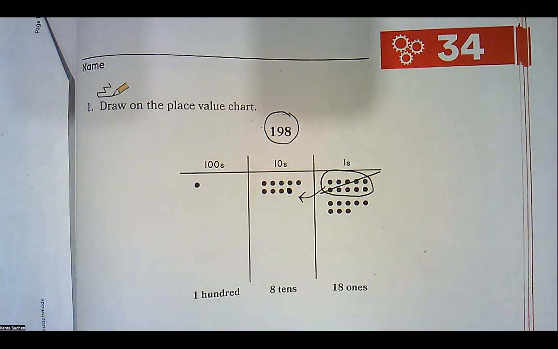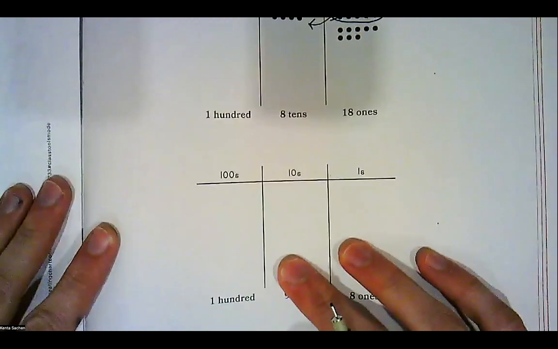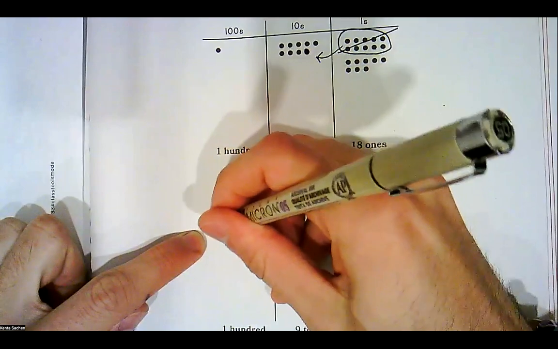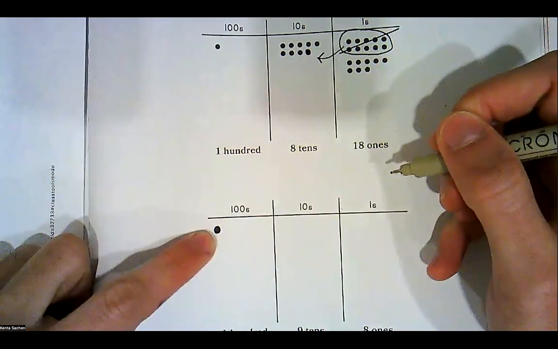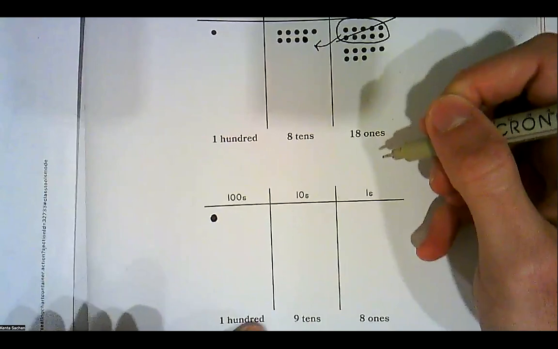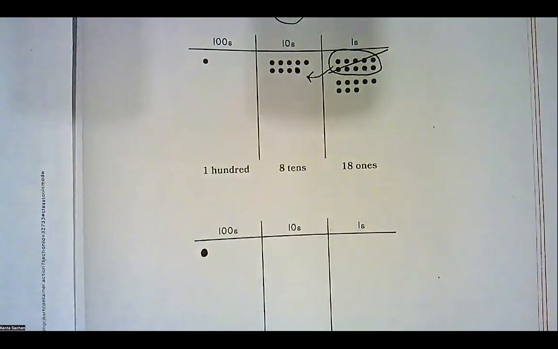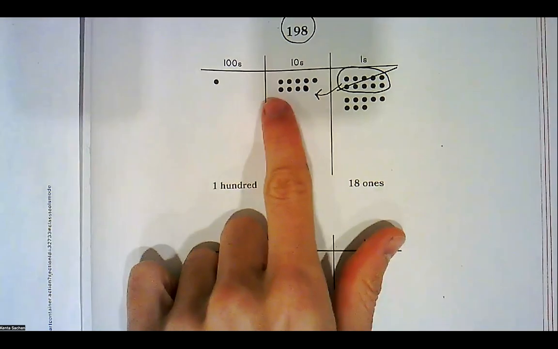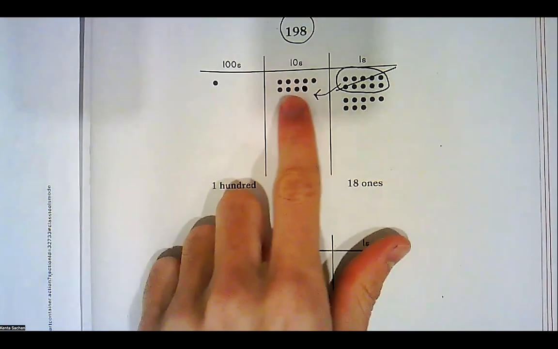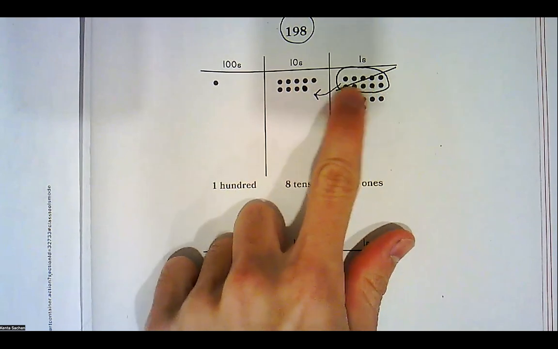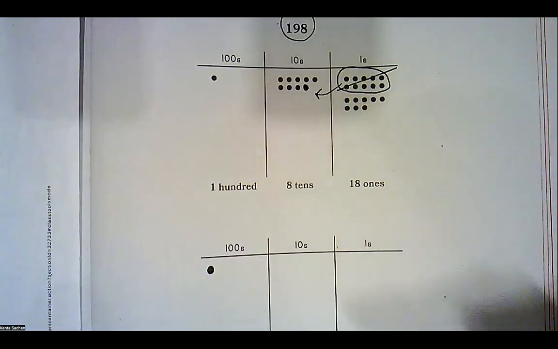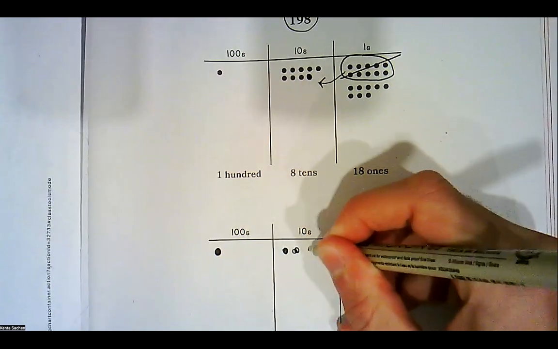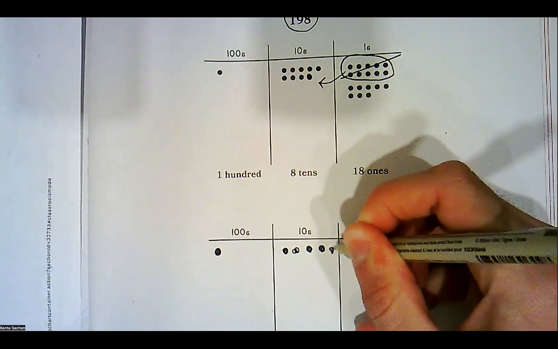Now you're going to draw the result on the second place value. So our hundreds didn't change, right? We didn't make any more hundreds here. Now our tens, how many tens do we have now? Yeah, we have 9 tens, right? Because we had 8 already, and then we made one more 10 using our ones. So now let's draw our 9 tens. 1, 2, 3, 4, 5.